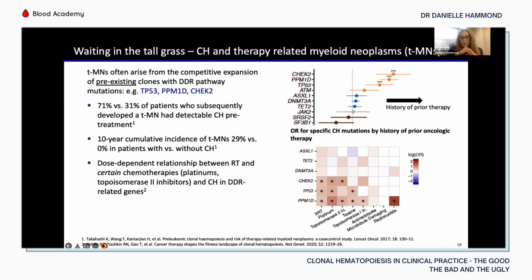And they realized that this was driven by clonal expansion in response to certain genotoxic exposures, primarily platinum chemotherapies and topoisomerase II inhibitors.